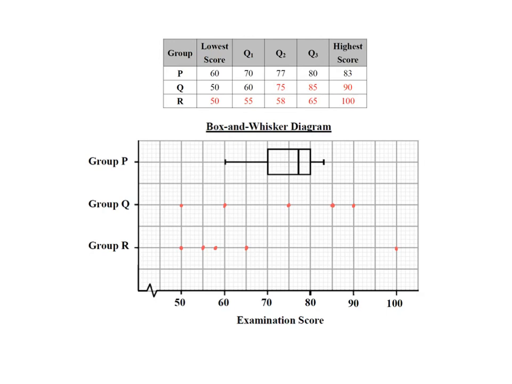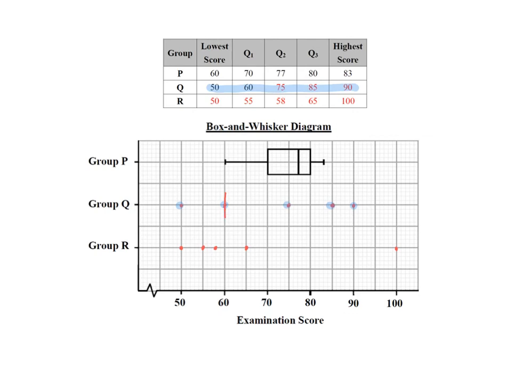After we complete this table, we can use all these numbers here to draw our box and whisker diagram. The very first thing is that we put these 5 numbers for group Q onto the diagram first. I add 5 dots here according to the numbers that we have. After that, we can draw our box by using our Q1, Q2, and Q3.